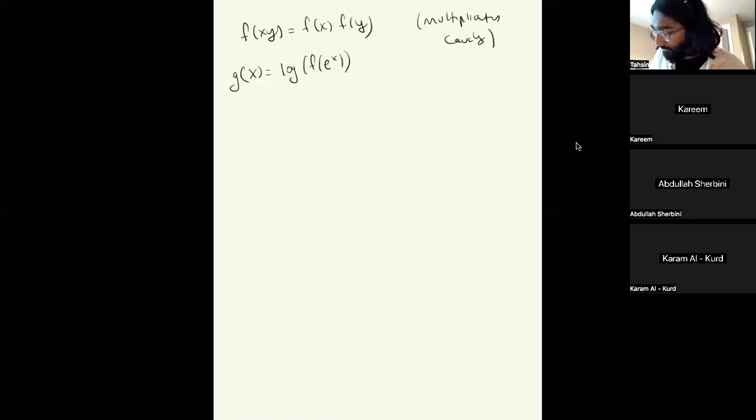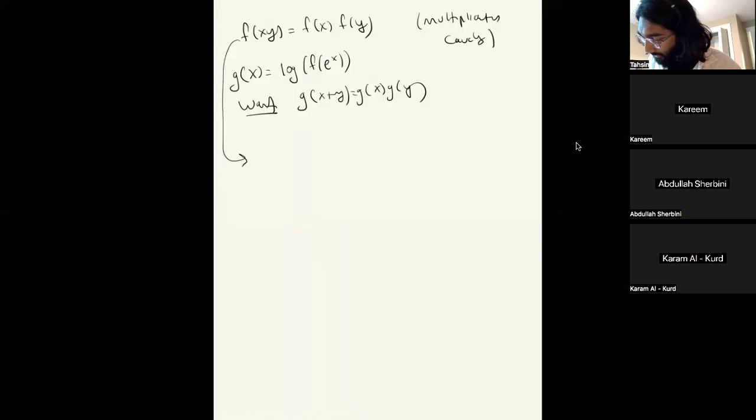And now we want to show that g is actually Cauchy. What do we do? Well, we take this one, and we take the log of both sides. We get log of f of xy equals log of f of x plus log of f of y.